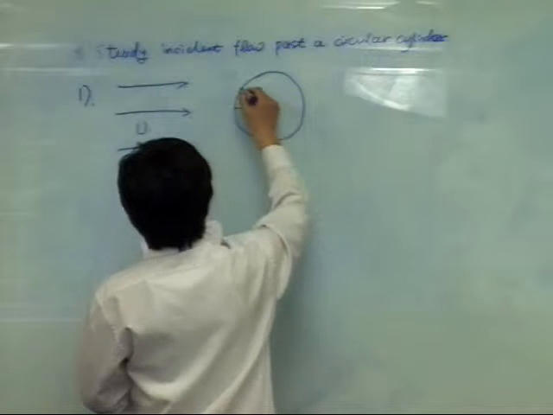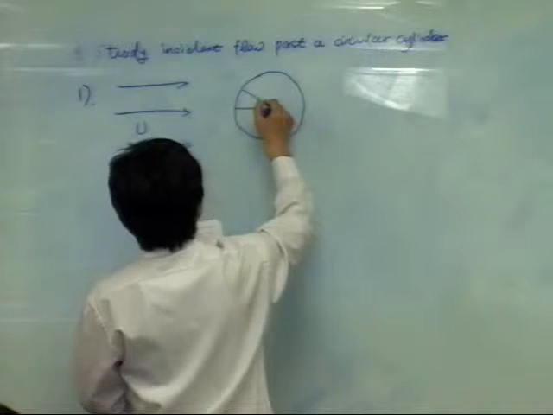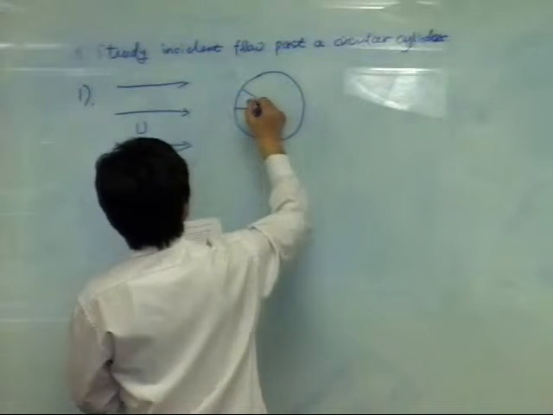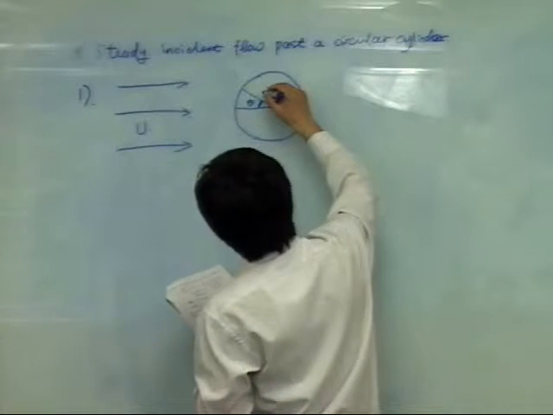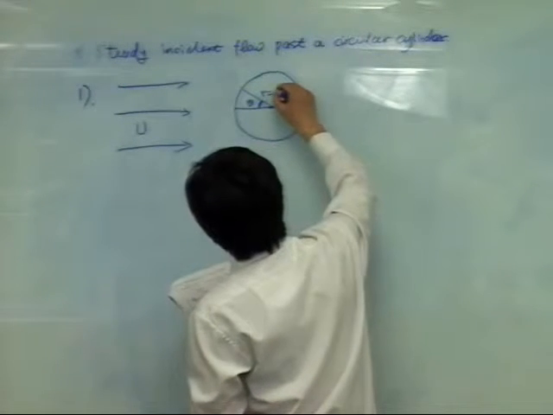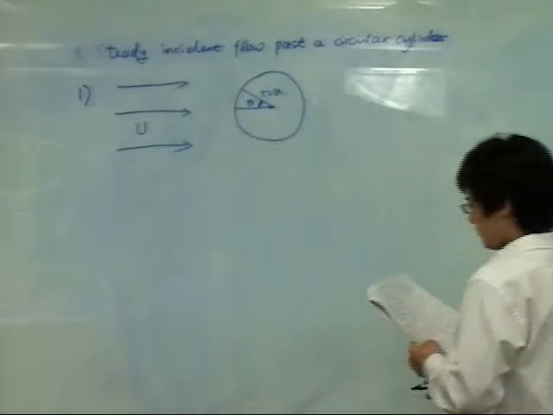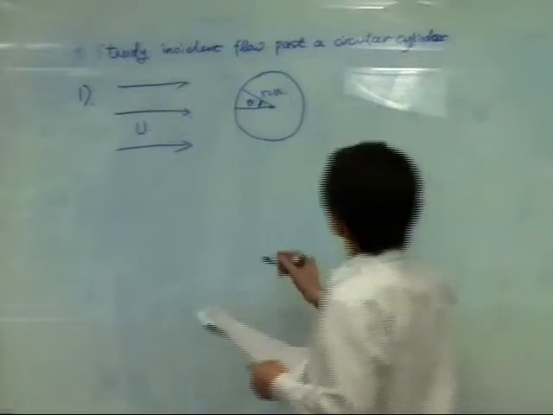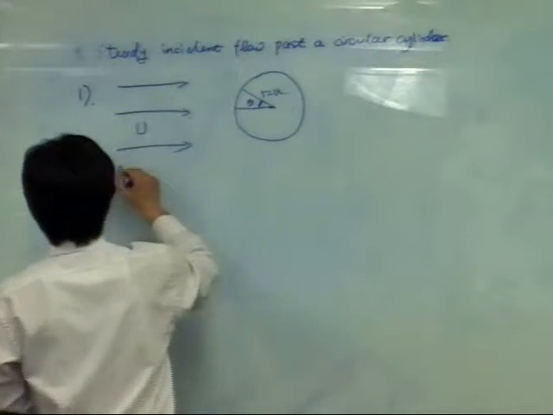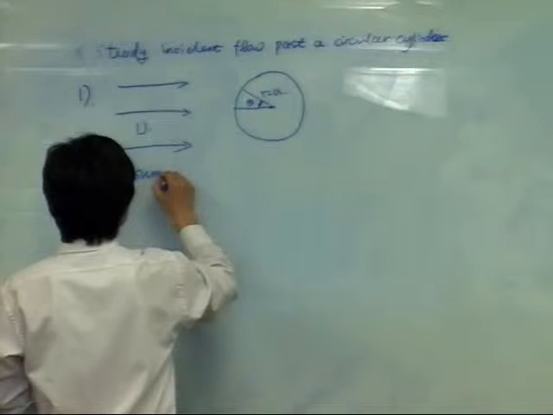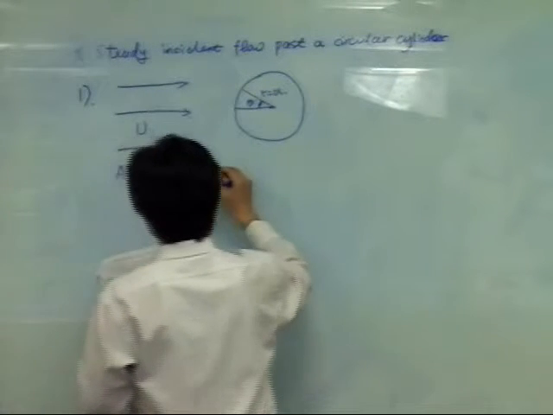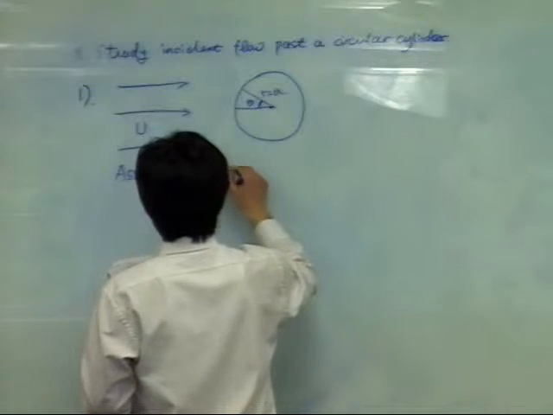Okay, if we define this angle as theta, and the radius of this circle is a, we assume steady flow.